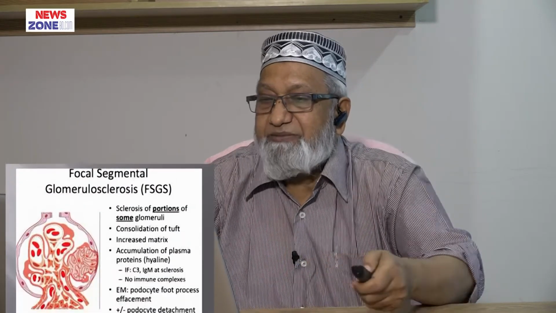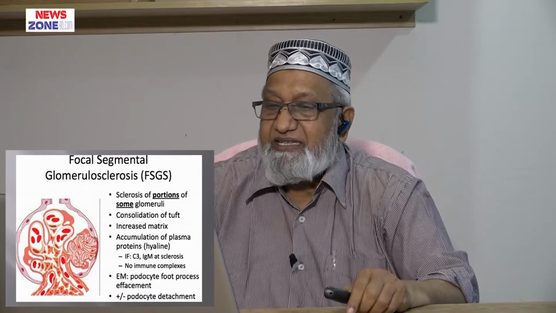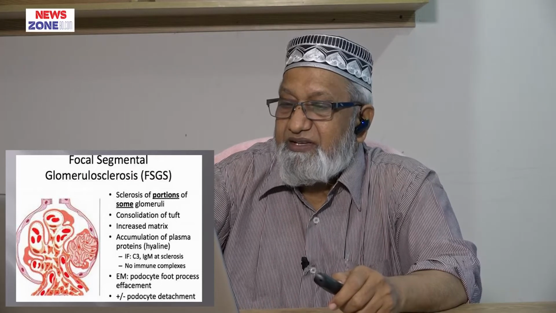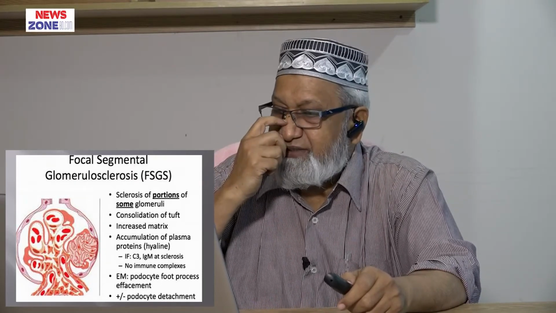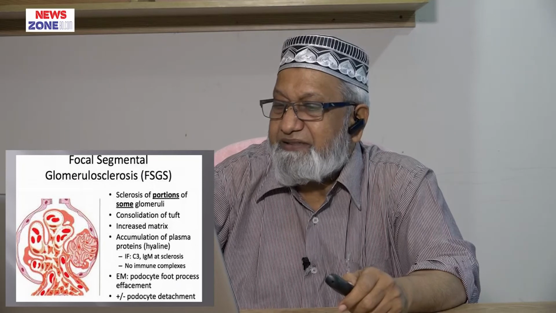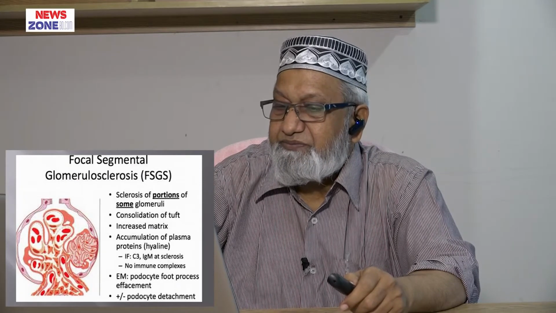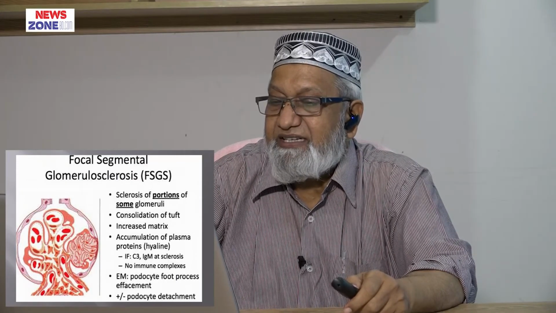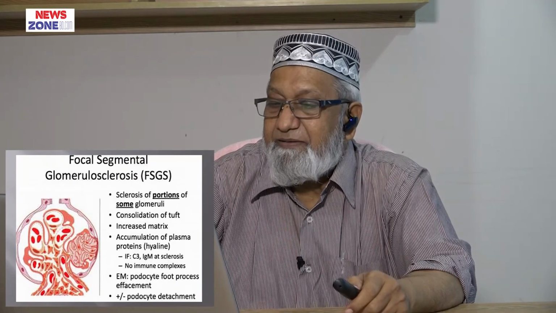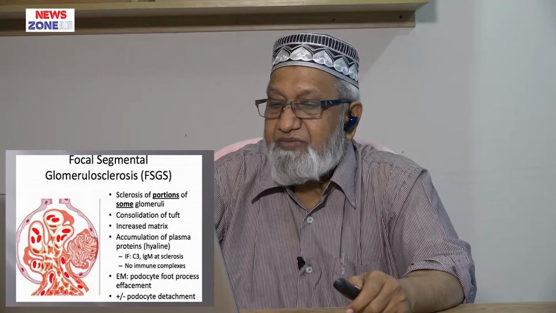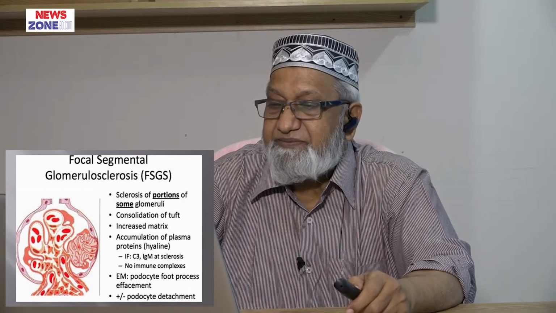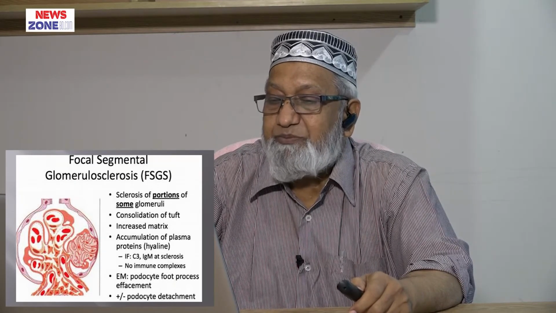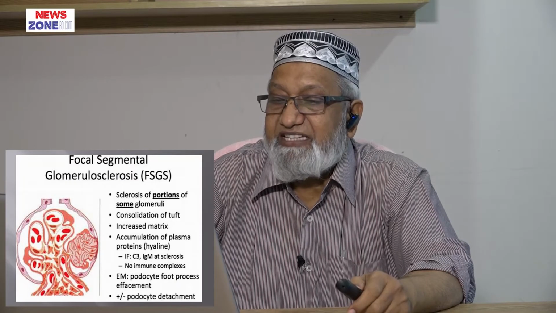In case of focal segmental glomerulosclerosis, there is no immune complex deposition, but what happens? The podocyte foot processes may show effacement, but in immunofluorescence you can find complement 3 and IgM at the sclerotic sites.